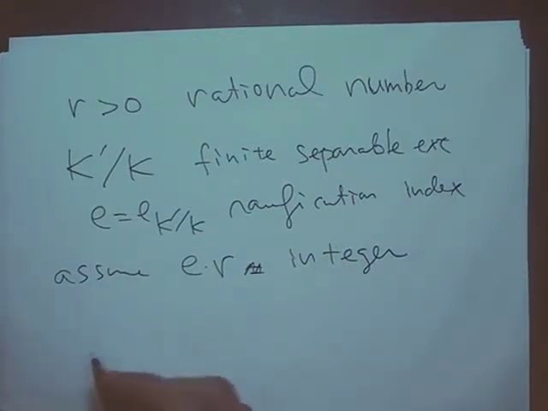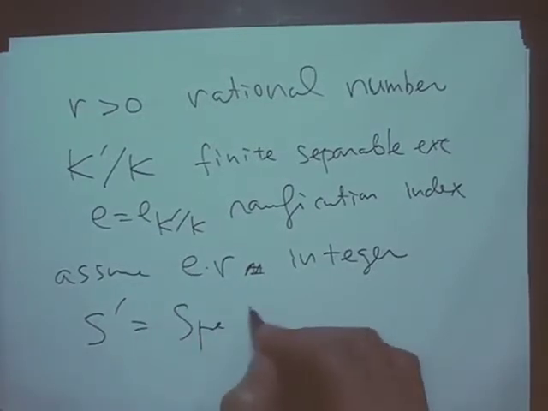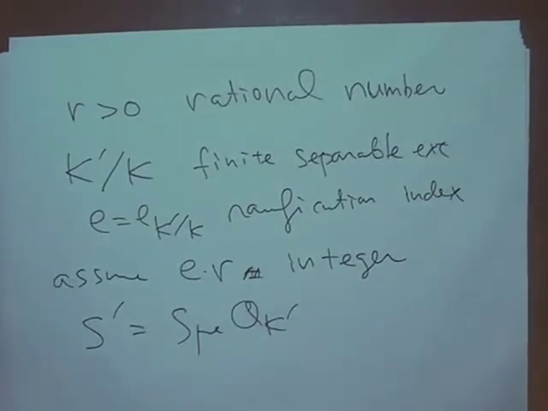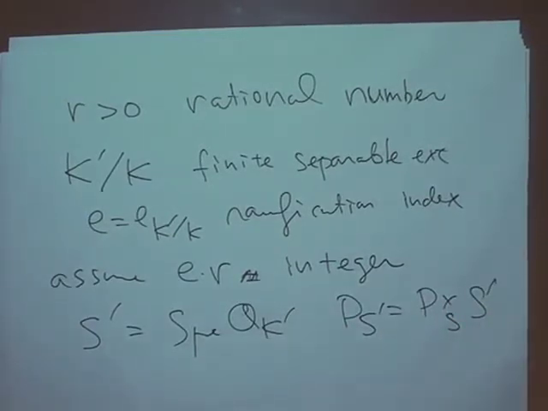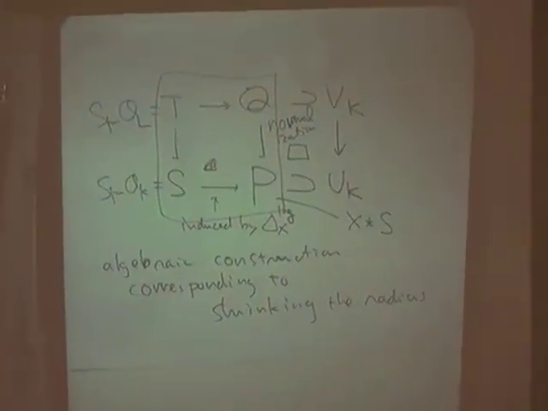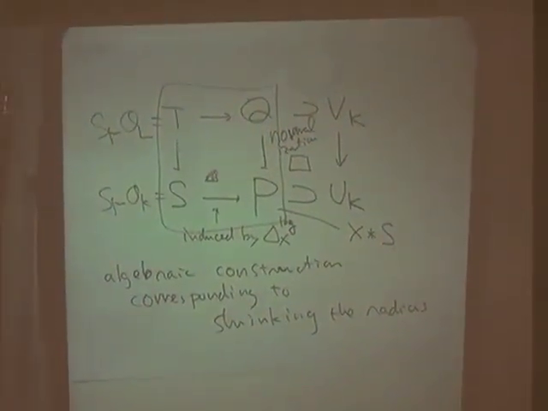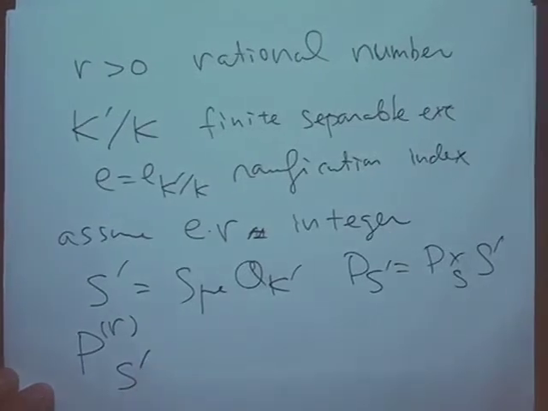Okay. So let S prime be the spec of the integer ring, and P_S prime will be just the base change. So P is the log product here. So this is X star S. Okay. So now we are ready to make the blow up. So I'm going to define P^r of S prime.